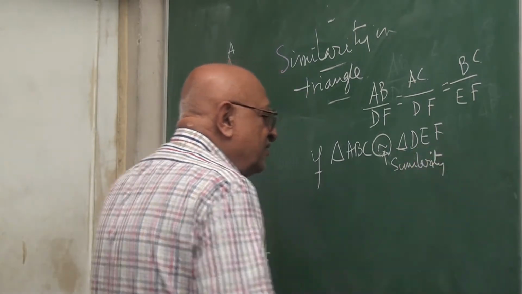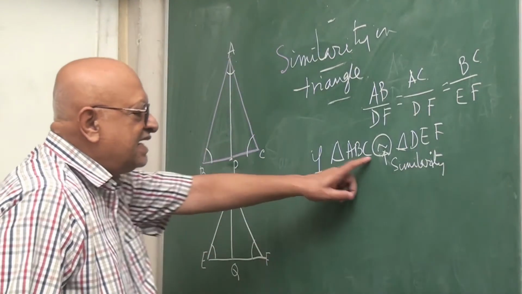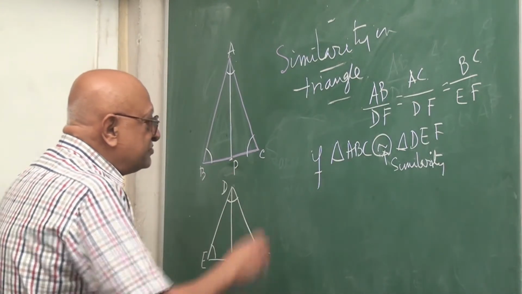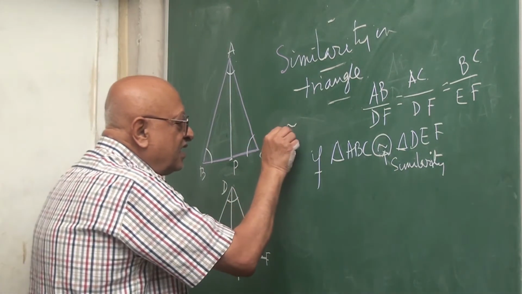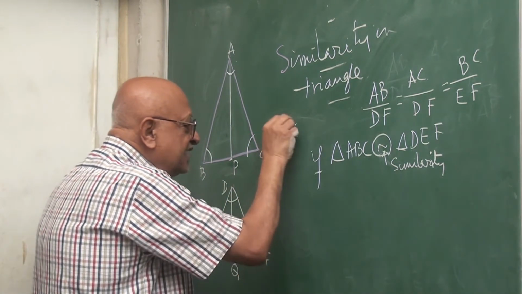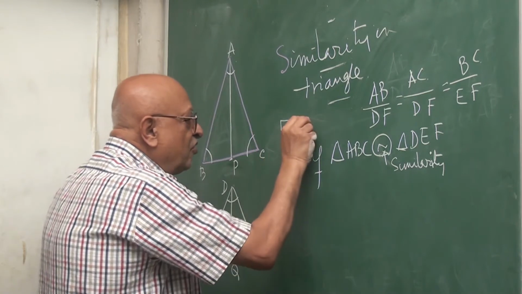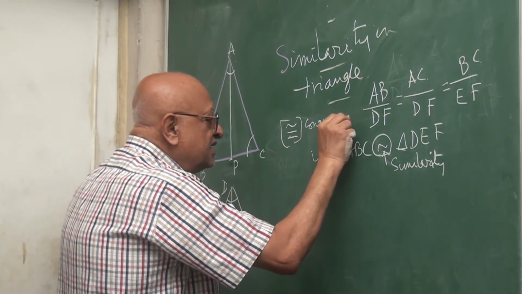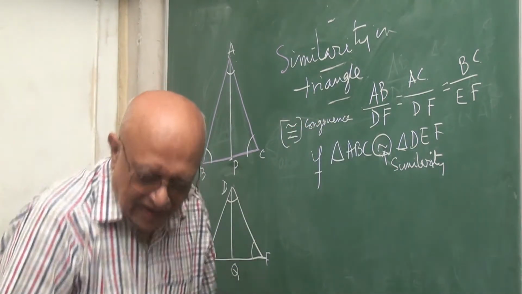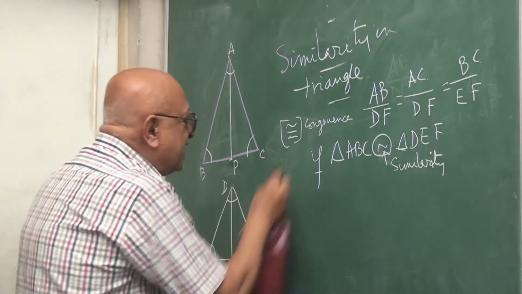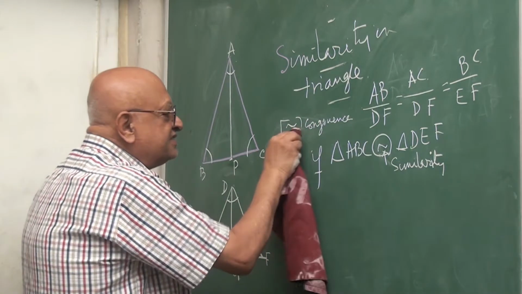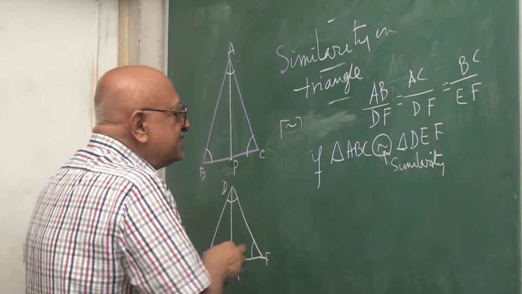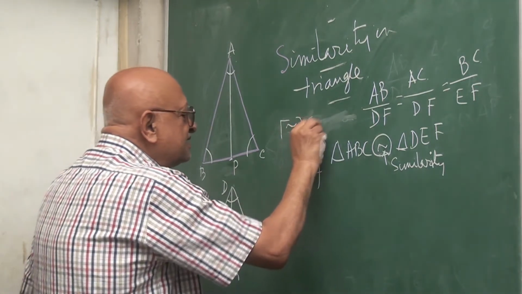Remember, I just want to mention here that for congruence you use this other sign. If I remove these two particular equal to signs, then it converts into similarity. Then it is no longer congruence, but similarity.